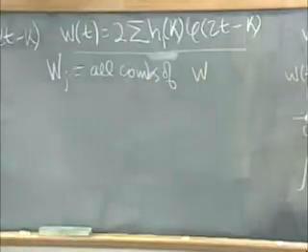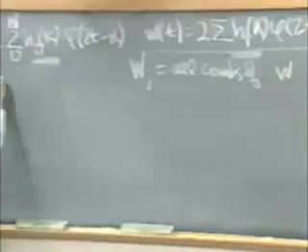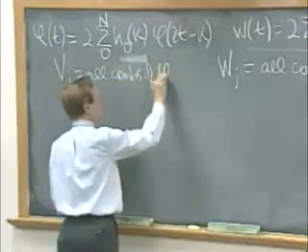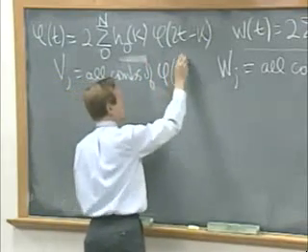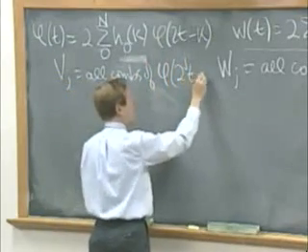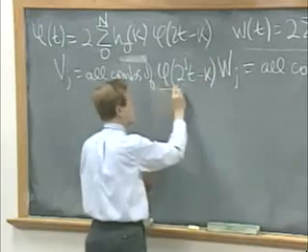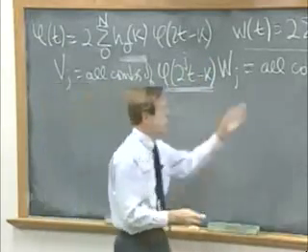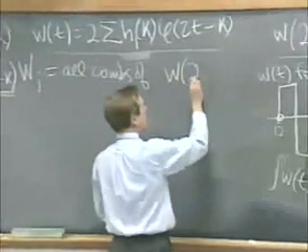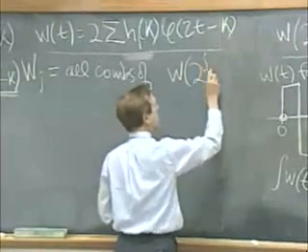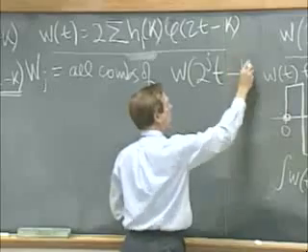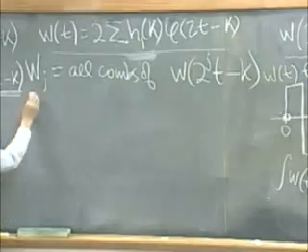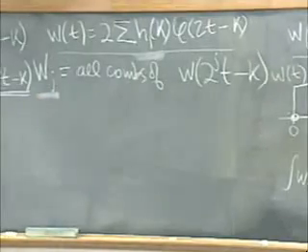Remember, V_j was all combinations of phi at scale j and the shifts. So it's a bunch of functions at that scale j. This is the same for W at that scale. So those are the W's, and these are the V's.